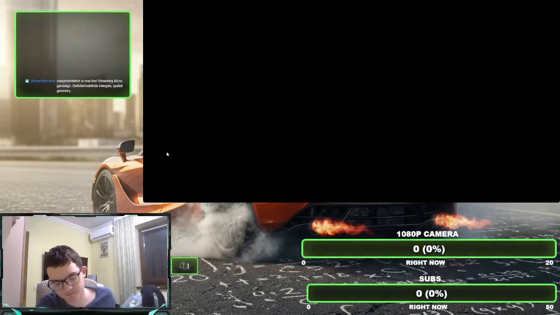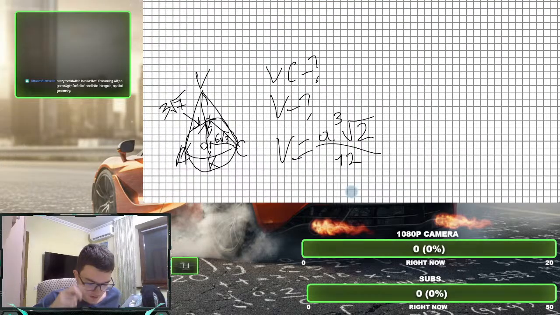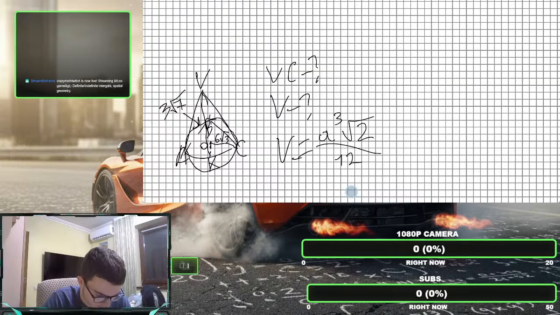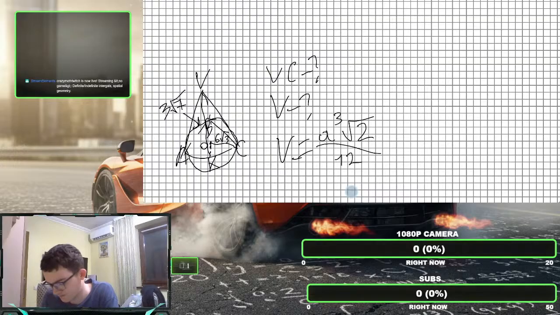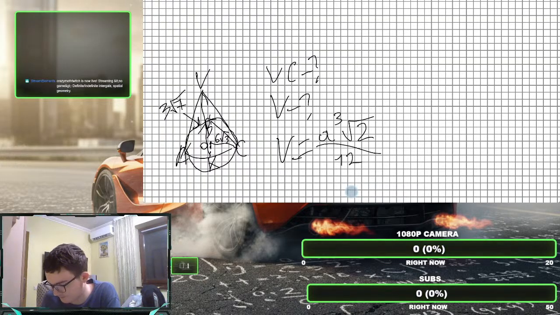Right, I have it. I have the answer, and essentially the answer here is 162 square root of 3.